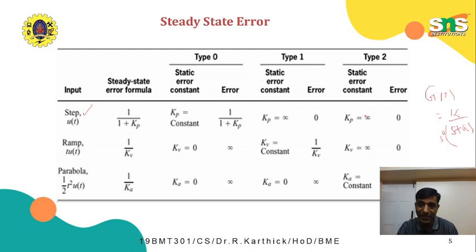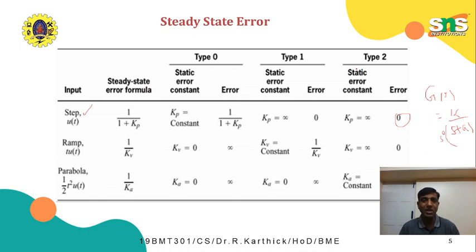Similarly, for a type 2 system, Kp is again infinity and our steady state error is 0. So we can conclude that if the input is a step input and the type number is greater than 0, meaning 1 or 2, then the error is equal to 0. We don't have any steady state error for such a system.